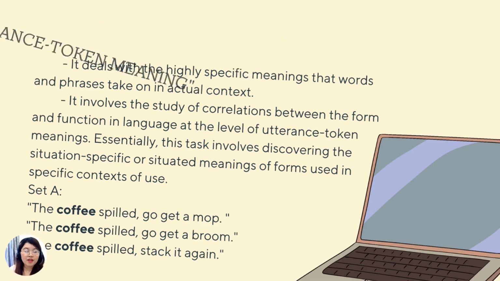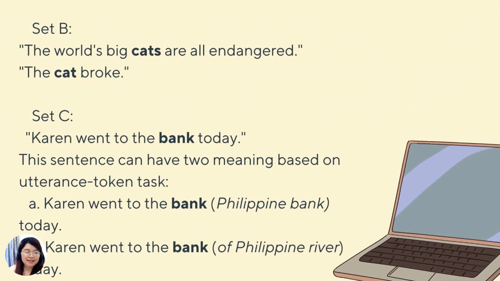Okay, so let's have another set of examples. In set B, in a situation where we say something like, oh, the world's big cats are all endangered, the cat there means big animals like lions, tigers, jaguars, etc. On the other hand, in situations where we are discussing breakable decorative objects at home, we say something like, the cat broke.